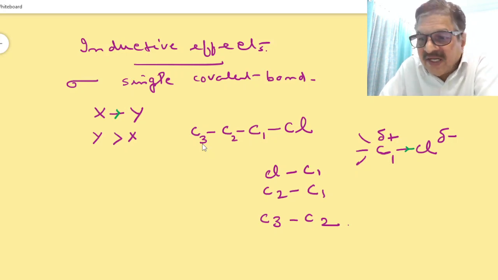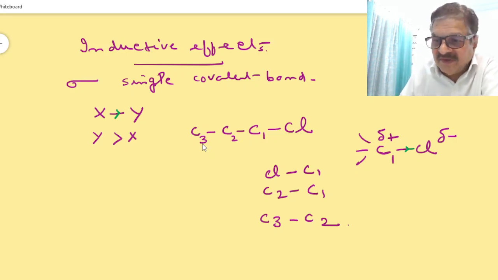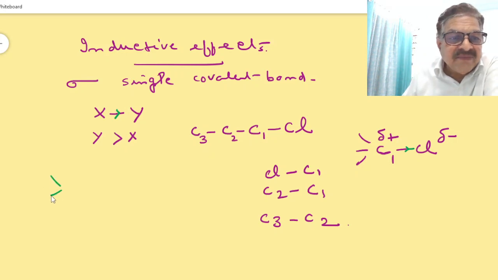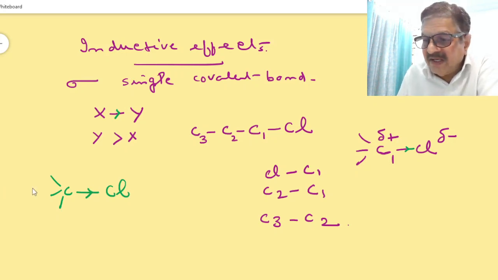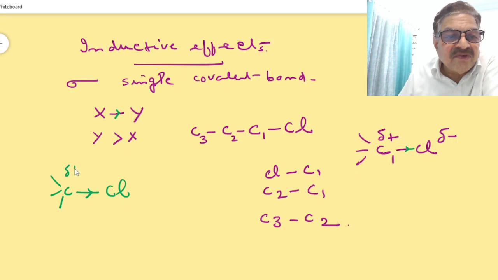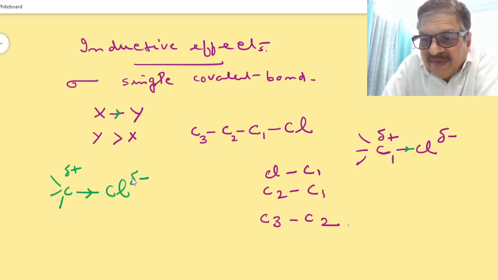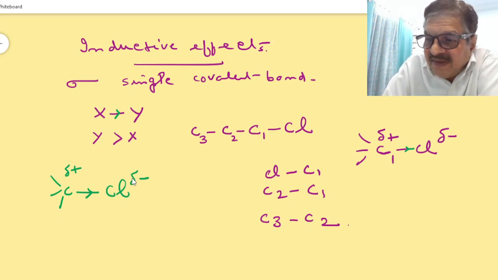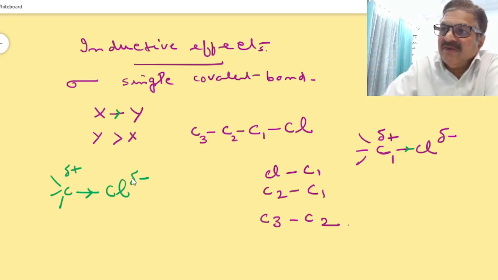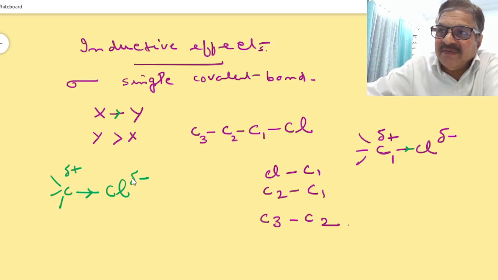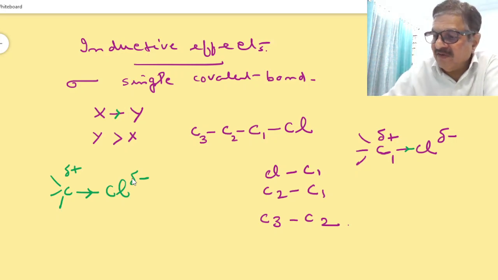Now, in the case of an alkyl chloride, which is what we are representing here, there will be a partial positive charge here and a partial negative charge here. Electron density tends to be greater near the chlorine atom than the carbon as chlorine is more electronegative. This is the way we represent the inductive effect.